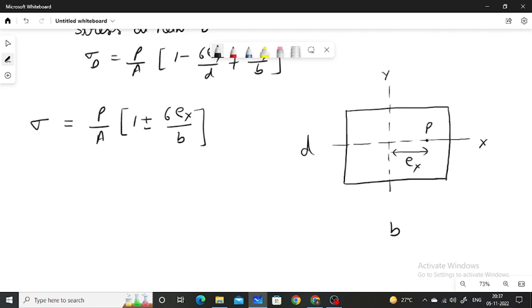So, if the tensile stress occurs at any point of the cross section of the column, in that case failure will occur.